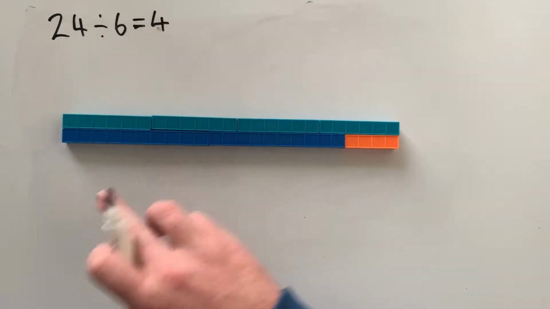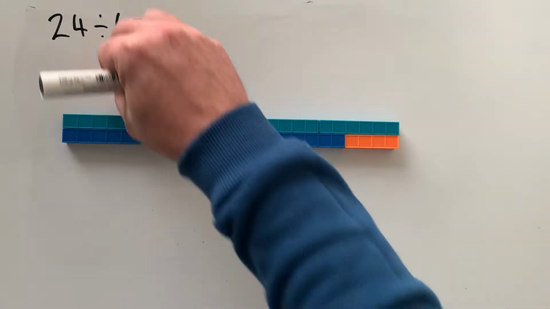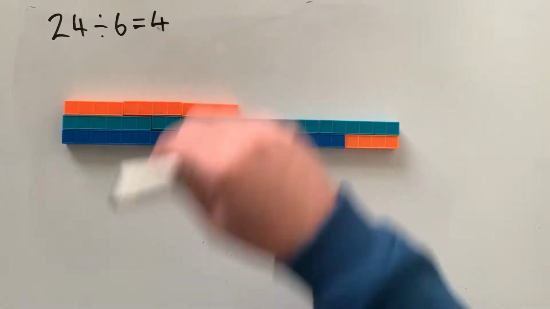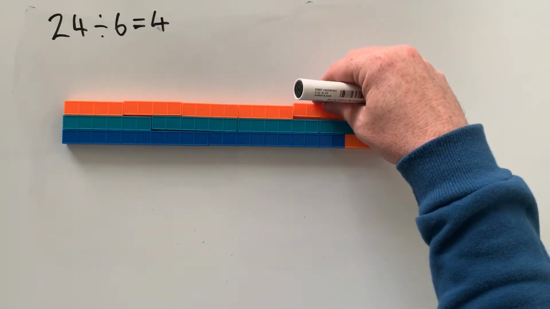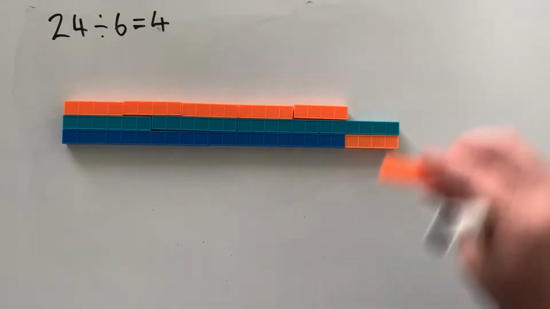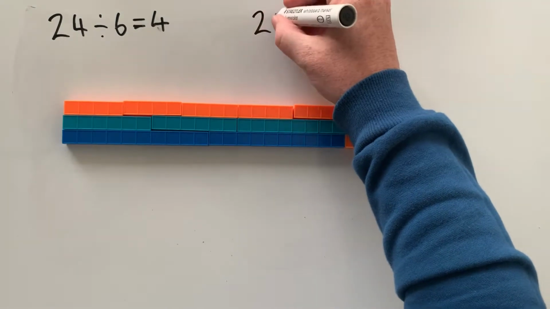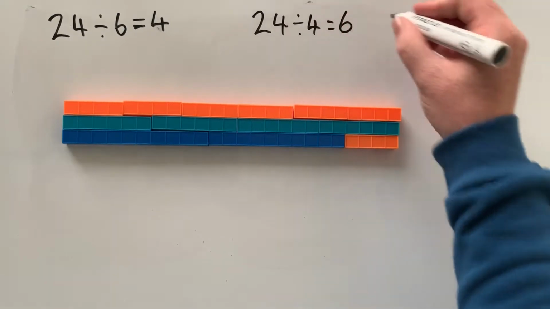So how many times does 6 fit into 24? 4. And then what you would find is if we got the 4 blocks out, that would fit in 6 times. 1, 2, 3, 4, 5, 6, and we could also write it the other way. 24 divided by 4 equals 6.